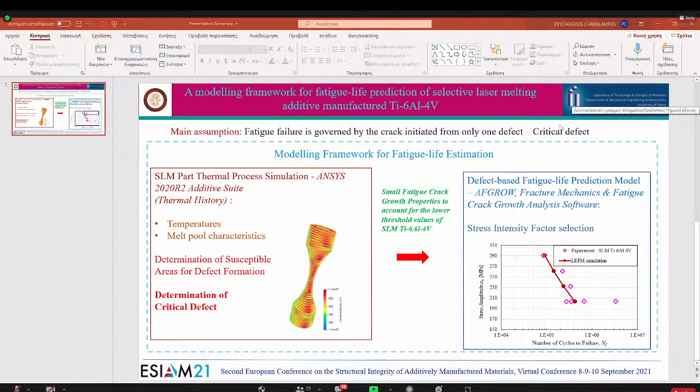By processing the results of thermal history, we get the melt pool characteristics of the part. We found in our work that the melt pools in the surface of the part did not fulfill the criterion for lack of fusion. They present an insufficient overlap. From these areas of defects, the most critical one is the area on which the maximum stresses will be developed during the experimental testing.